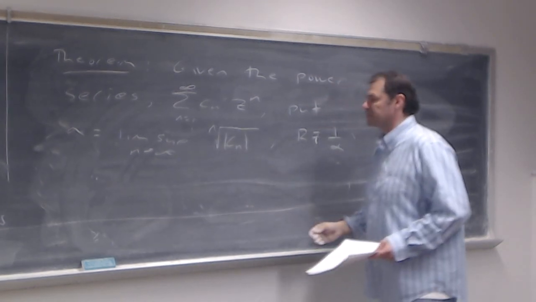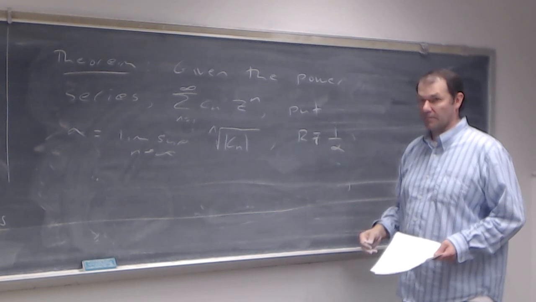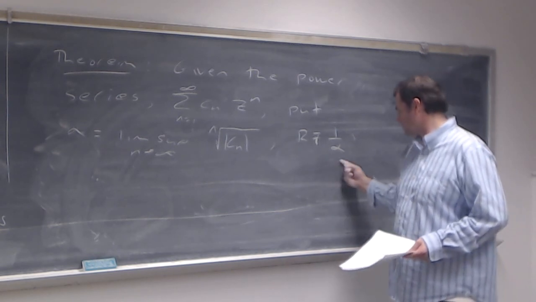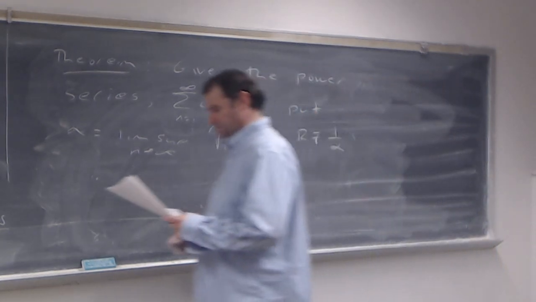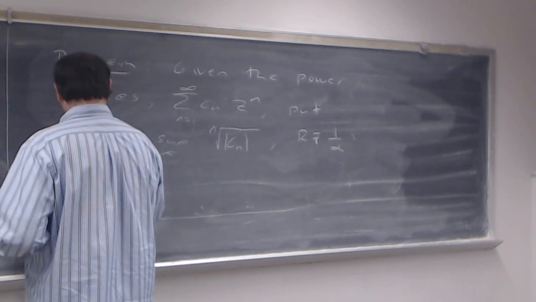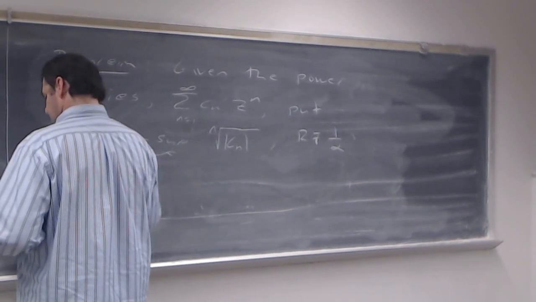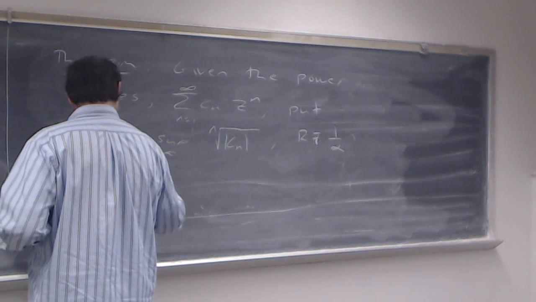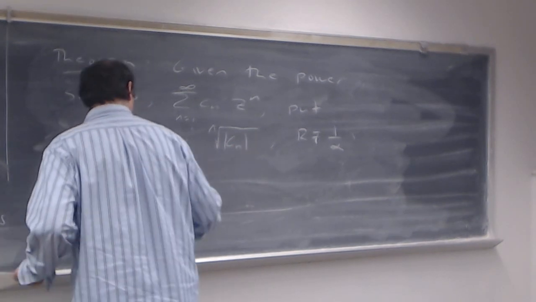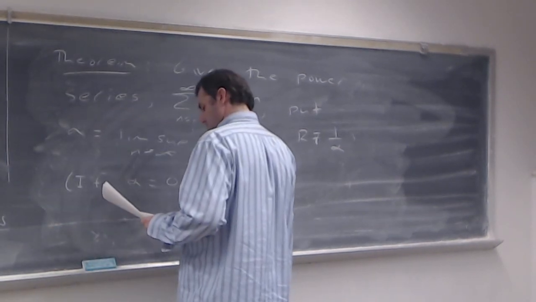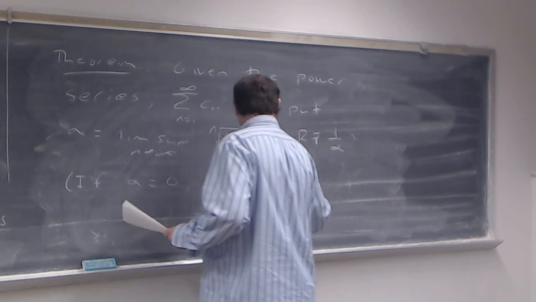Now, this lim sup is going to exist as some extended real number. Okay, it might be infinity, it might be minus infinity, but it exists. And here, I'll say as a parenthetical expression, if alpha is equal to 0, so we can talk about r, then we're going to let r be equal to infinity.